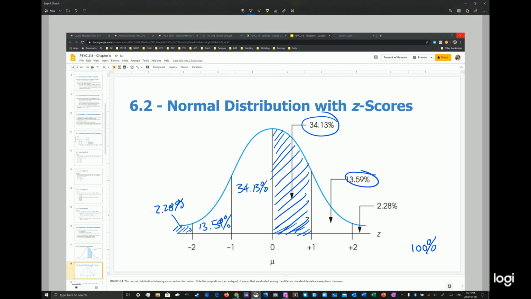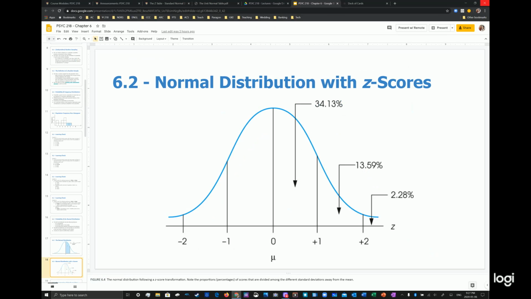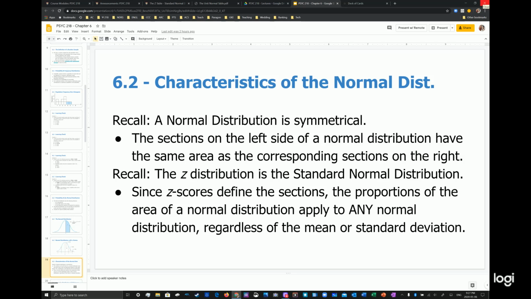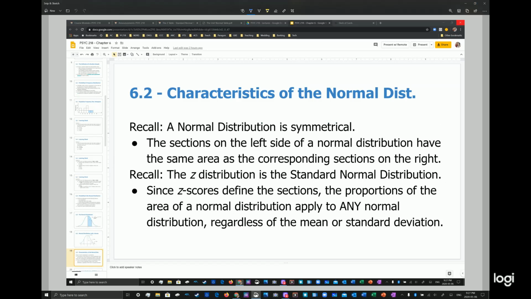And so those are the properties of the normal distribution that we're going to use to help us find proportions of the distribution using z-scores. And we can only use z-scores because that's the standard normal distribution where we can look at distributions consistently using a consistent set of scores. And those are z-scores. So again, to review, the normal distribution is symmetrical. This is really going to help us when we look at the unit normal table.